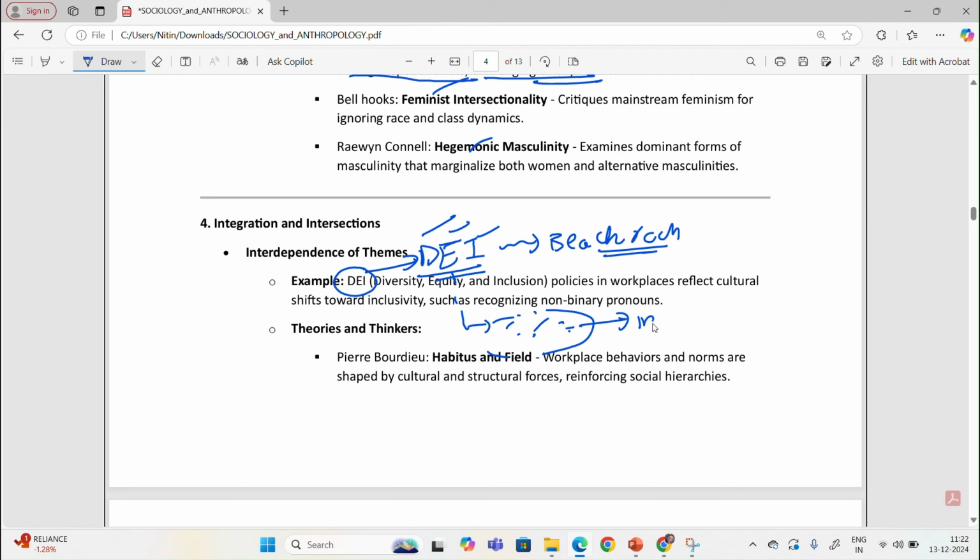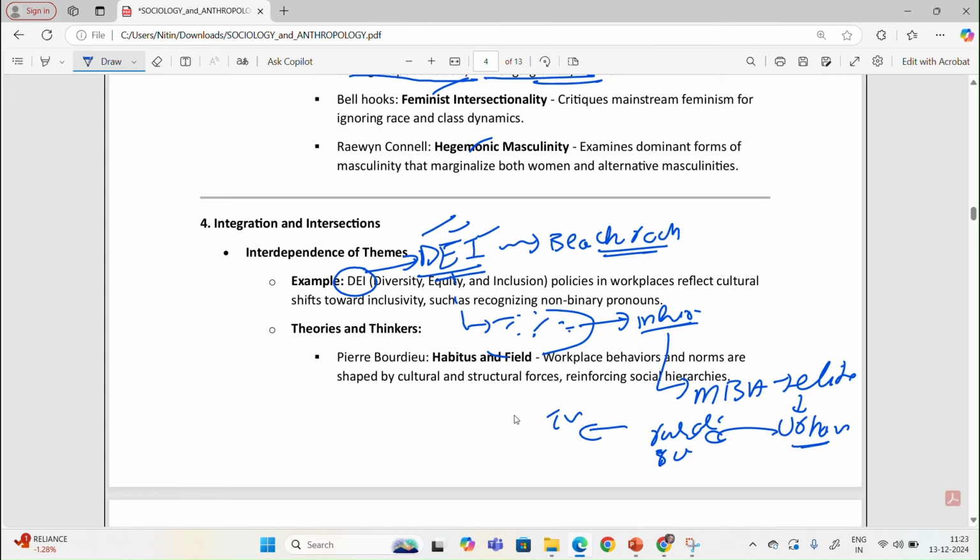So inherently it's a very good idea. For example, I'm a very big advocate for, say, that I feel MBA is a very elitist degree, and it's very urban centric. It should move towards rural settings, include people from tier one and tier two. So that will include DEI, but things are politicized. So this is what DEI actually is.